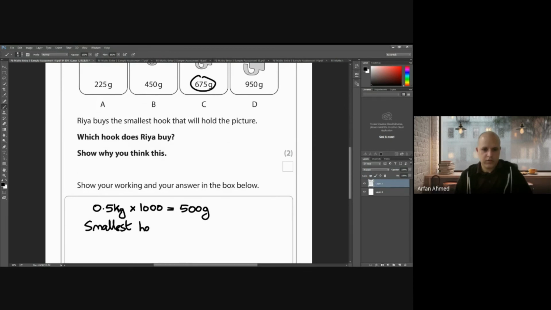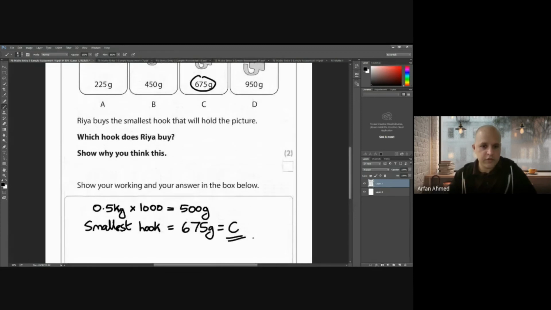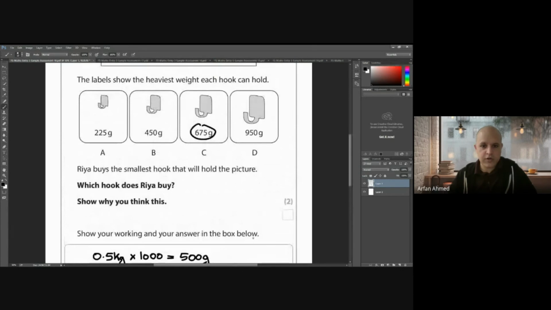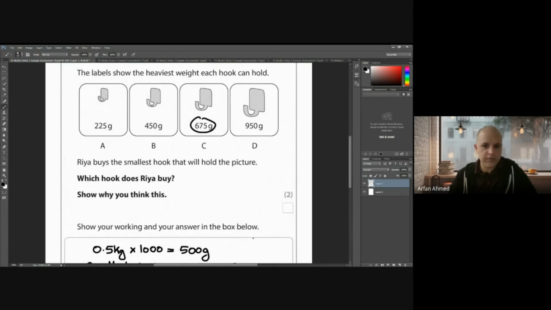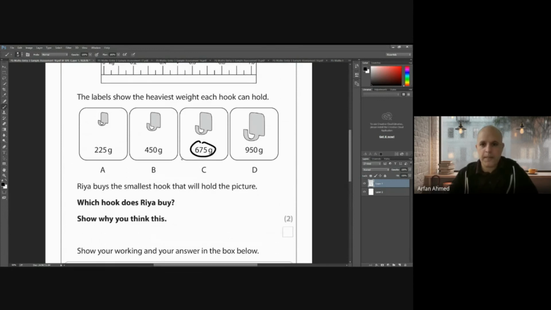Smallest hook, 675 grams, which is hook C. Something along those lines is good enough, as long as you've shown that you're comparing it with 500 grams. It can't be less than 500 grams. It has to be more than that for it to hold on the hook. Yep, that's the smallest one. 2 marks for that.